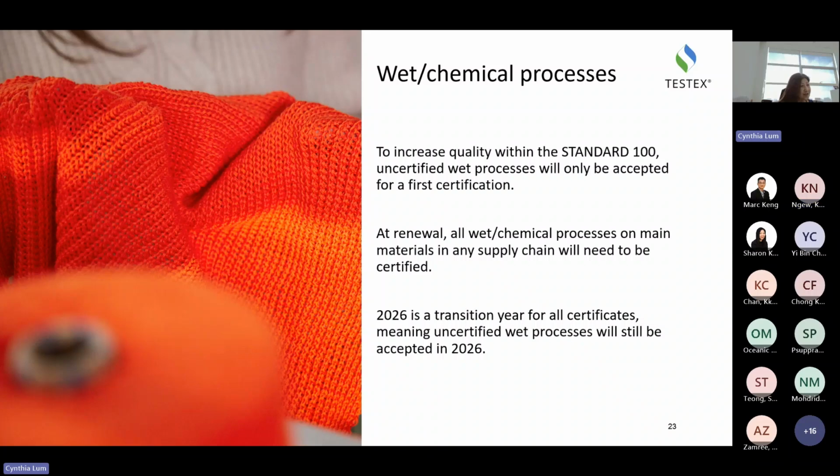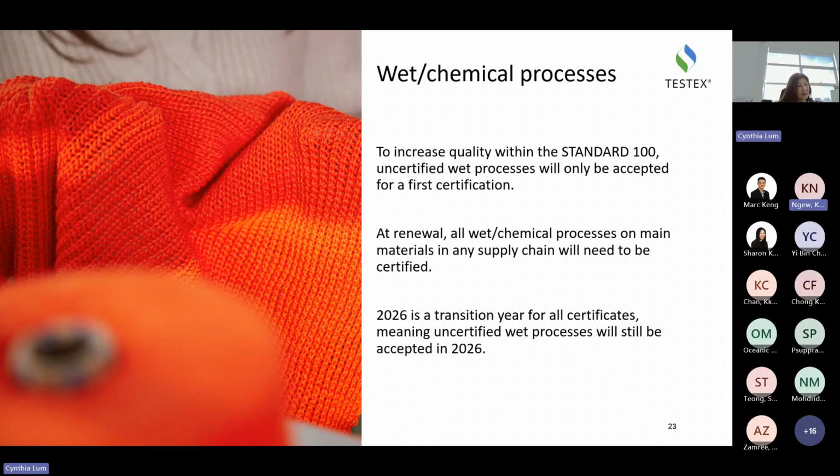Unless you are buying some fabrics from them that you are not subjecting to further wet processing, then that factory needs to apply for certification for those fabrics.